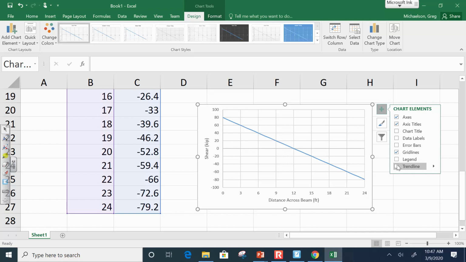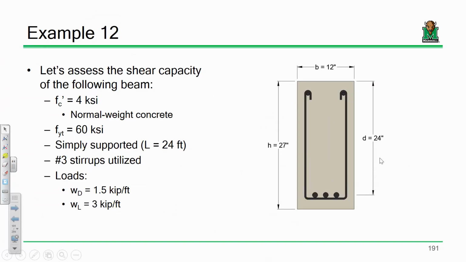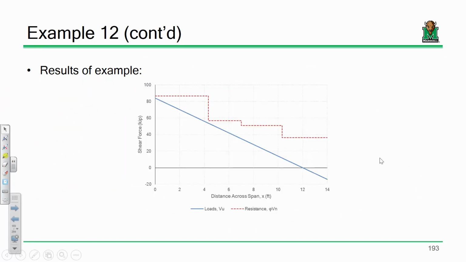Now, we're not going to have time to finish this, so we're going to do this next time, but I want to show you something. So here's the beam. I want to look at this image right here. What I have here is an image showing the loads and the resistances.